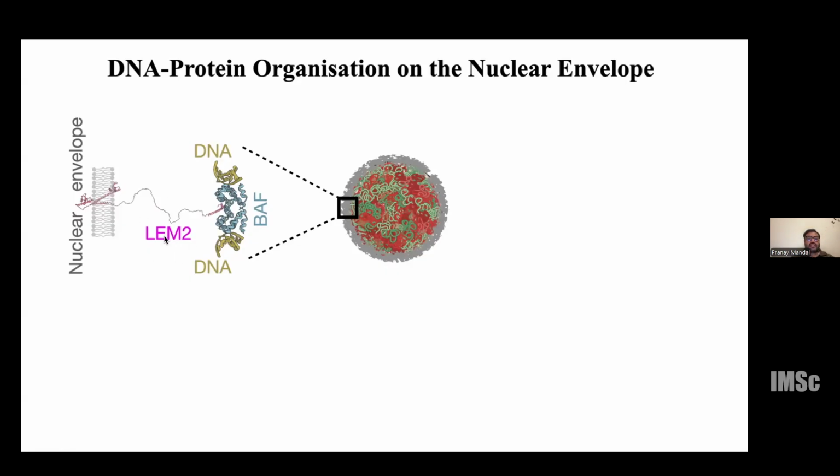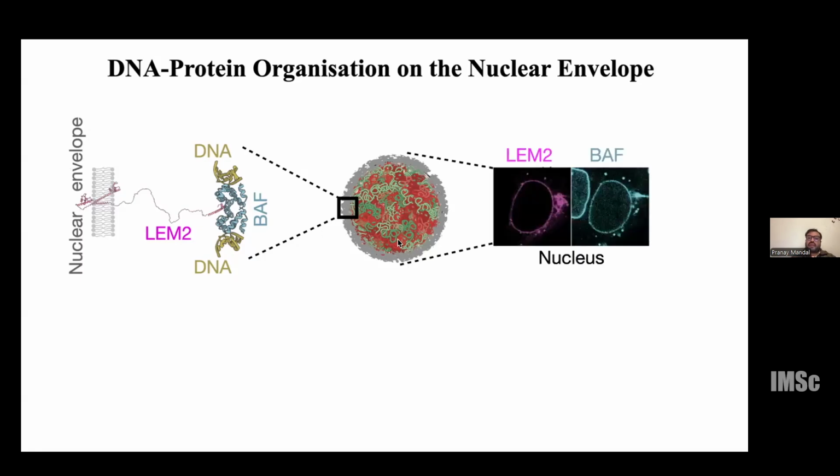And then there is this magenta protein called LEM2, which binds to BAF on one side, and on the other side, it binds to the inner nuclear membrane. So in a way, you can see this cascading structure, how chromatin is anchored to the inner nuclear membrane.